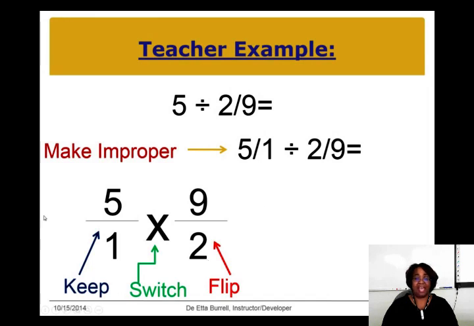Now, once I have a multiplication statement, I use whatever I need to use to solve that multiplication statement. Is there a possibility for me to cancel here at all? Is there a top and a bottom that I can cancel by the same factor? Do you see a situation where I can cancel?